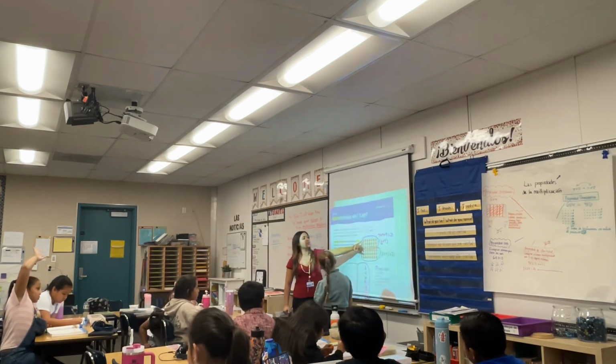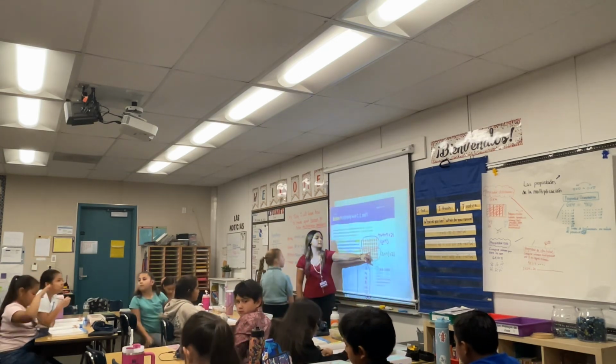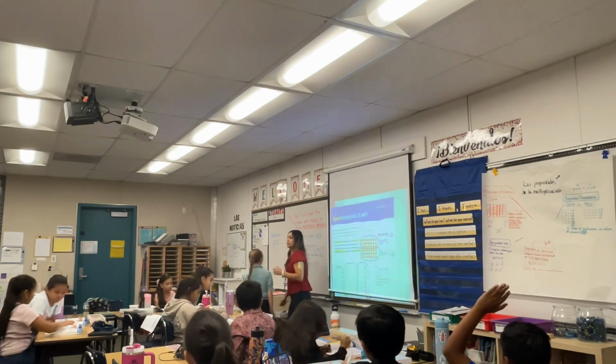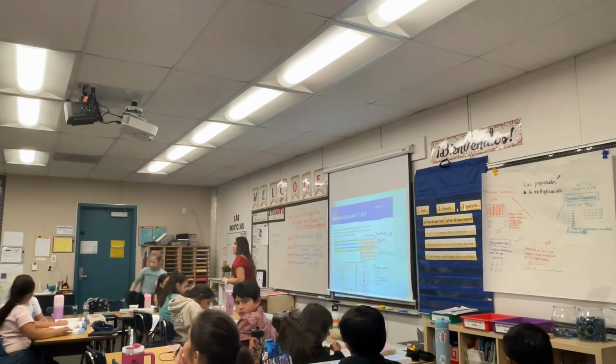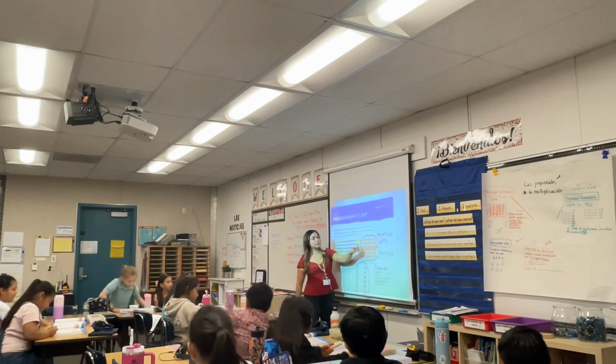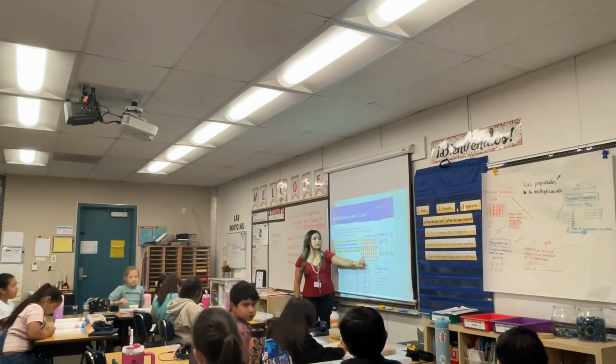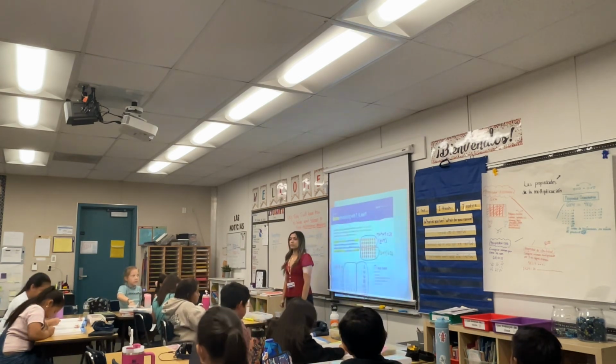There's 7 on top, 3 going down. 7 on top, 3 going down. So let's add those 2 numbers up. We have 21 here and 21 here. What's 21 plus 21?